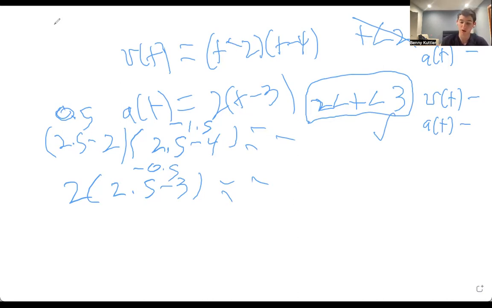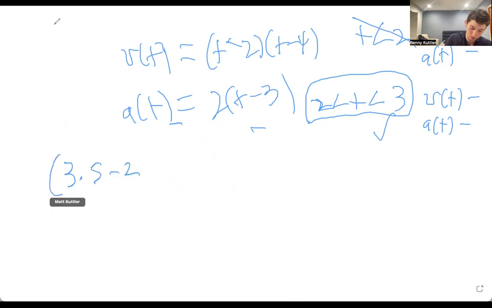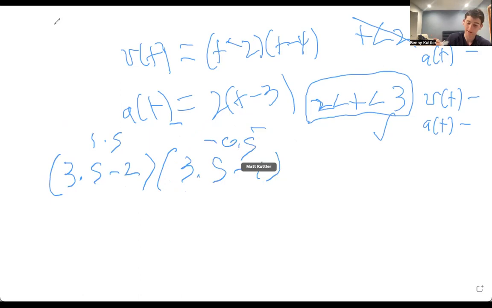If we plug in something like 3.5 to both of these functions, we have 3.5 minus 2, 1.5, times 3.5 minus 4, negative 0.5, a positive times a negative equals a negative, we don't care what it is.